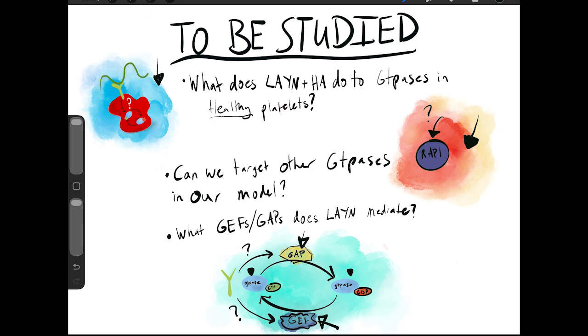We were not able to find specifically what GEFs and GAPs Layilin is targeting, or if it's even targeting that. So that is, again, an entire other paper if you can identify what is mediating this on and off switch cycle. Let me erase these just so that you can again see my pretty little pictures. So you can see, even after we finish the paper, there's a lot more to cover based on what we found.